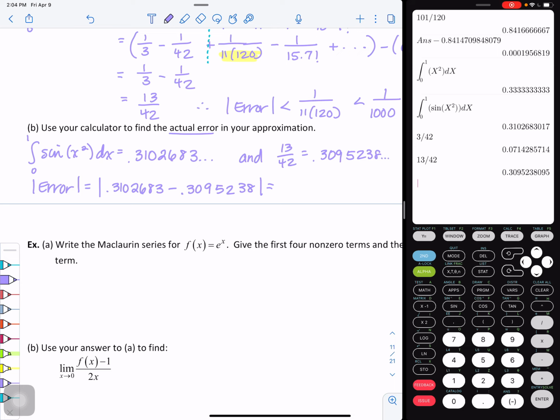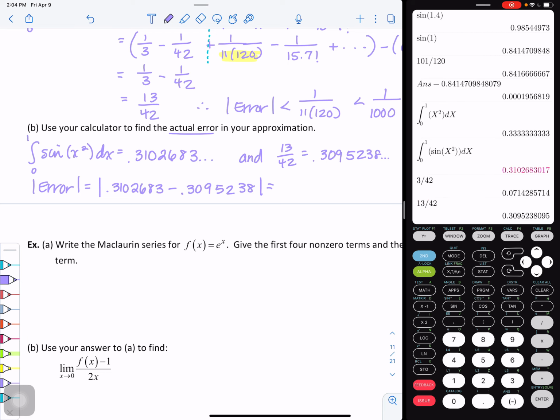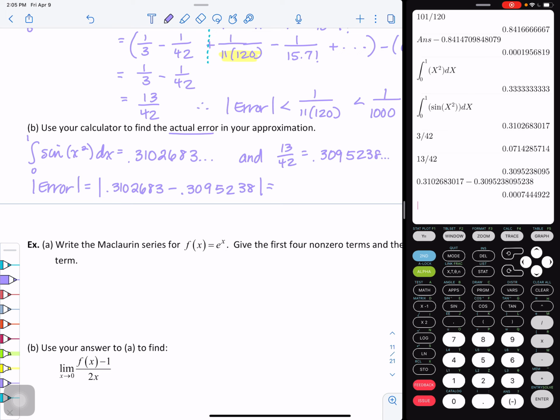And let's go ahead and subtract that. So we would have this value minus that value. And as you can see, we were very, very close. 0.000745, and I'll just put 4 dot, dot, dot.